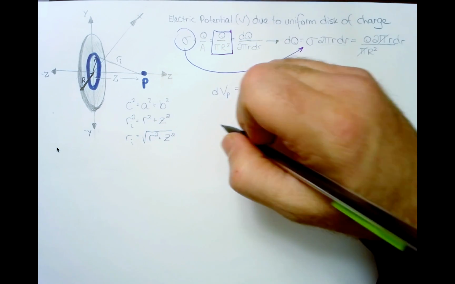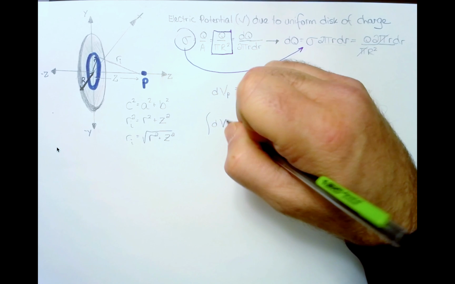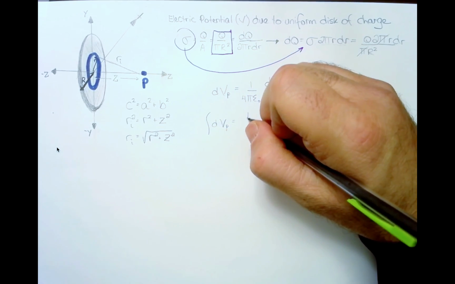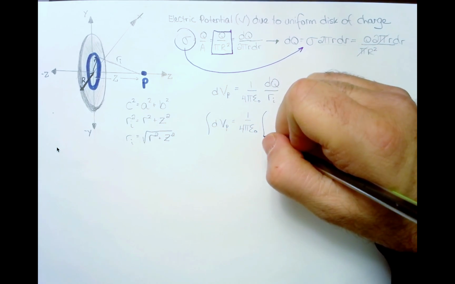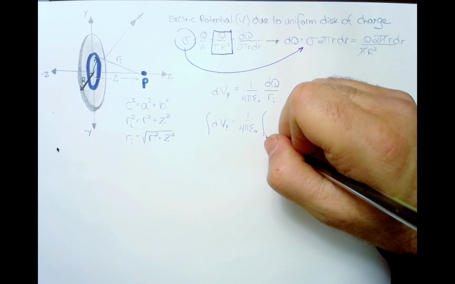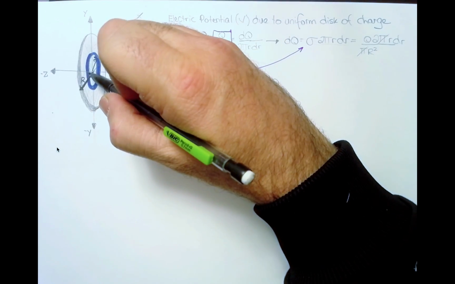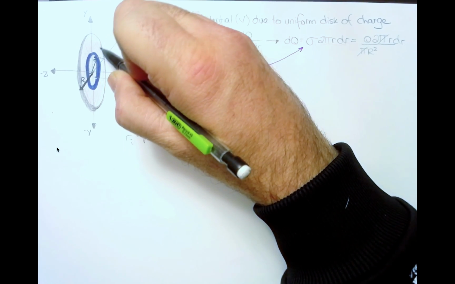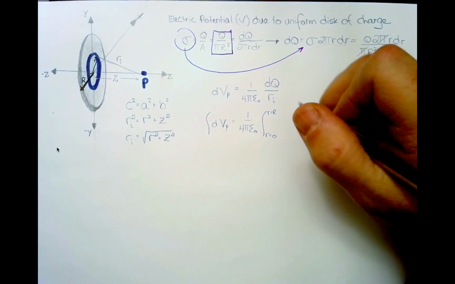All right, so the next thing that I'm going to do is take the integral of both sides. I'm going to say that the integral of all those little differentials of potential is equal to 1 over 4 pi epsilon naught, which is a constant, times the integral. This is going to be the integral between r equals 0 and r equals capital R. In other words, we're going to start with a tiny little ring right here at the origin, and the radius of that ring gets bigger all the way until it reaches the extents of the disk.